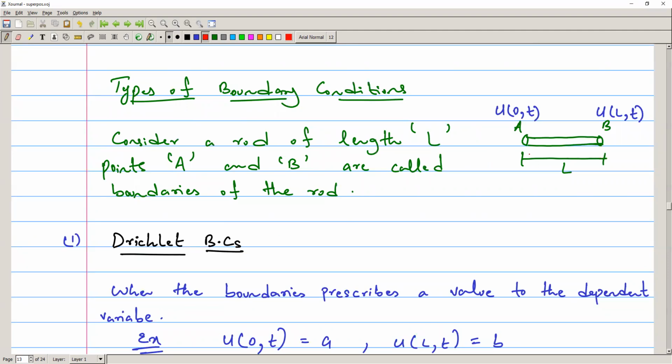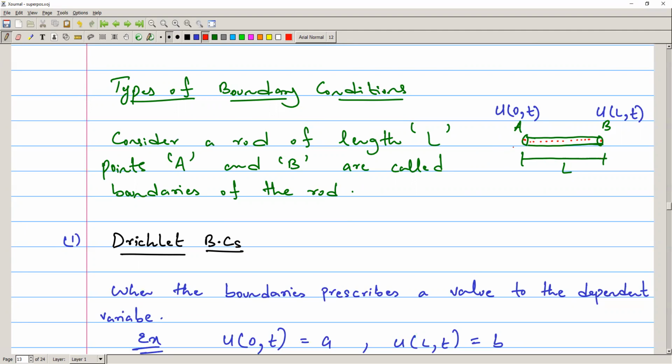Let us consider a rod of length L, where the initial point is point A and the final point is point B, and heat flows from point A to B. So point A and point B are basically called the boundaries, right?